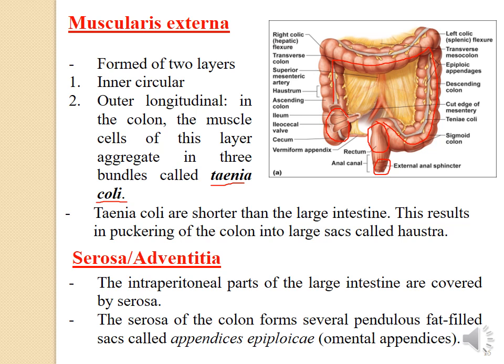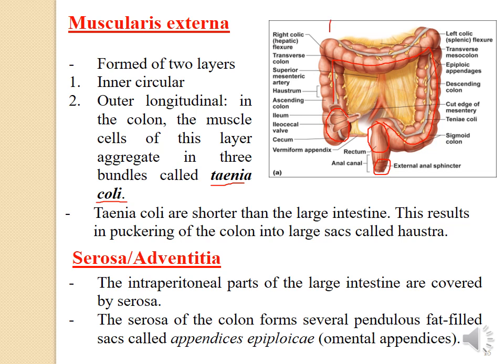Now, so they are not continuous, they do not form a continuous ring around the organ, but they are present in the form of bundles at specific regions. And the taeniae coli are shorter than the large intestine, so this will lead to puckering of the colon into large sacs called haustra.